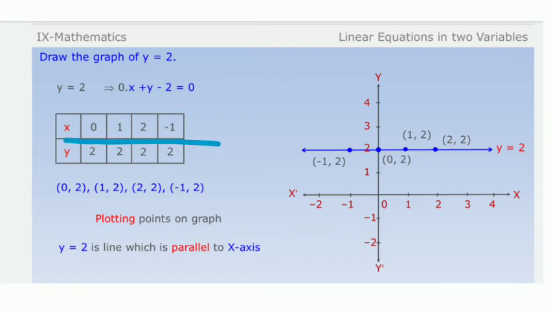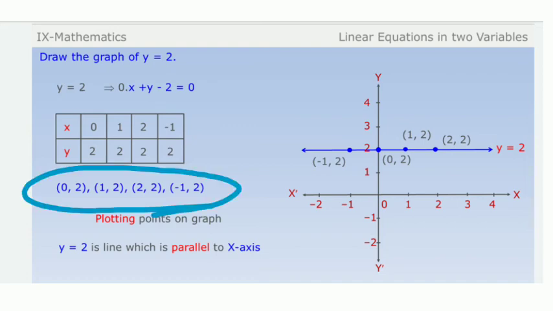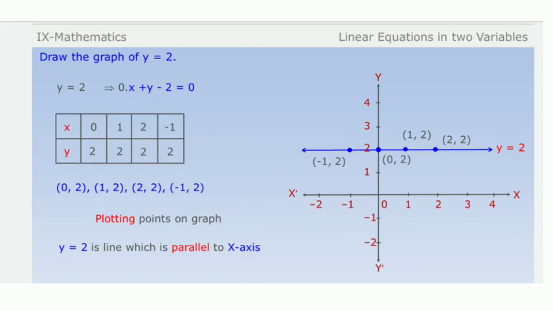In the place of x you will get the y value as 2. So what are the coordinates? 0, 2, 1, 2, 2, 2, minus 1, 2 are the 4 points. And plot these 4 points on the graph.